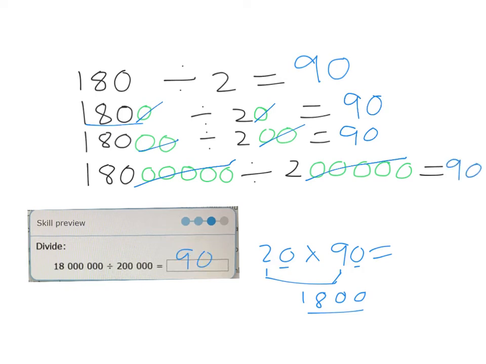So think about the fact that there's 5 zeros here, so I can cancel out 5 of the zeros in this question. And we're left with a simpler question of 180 divided by 2, which we did pretty easily at the beginning.